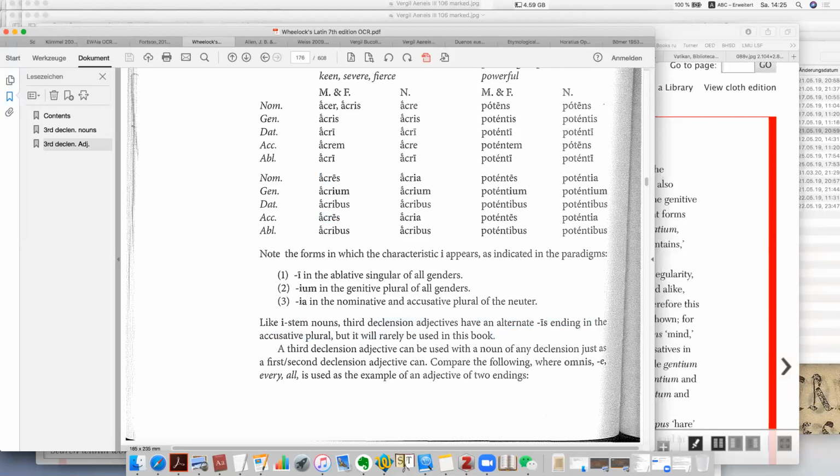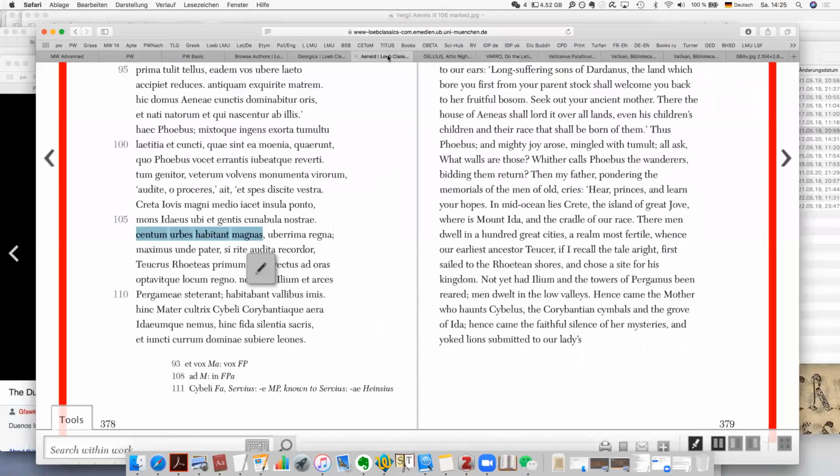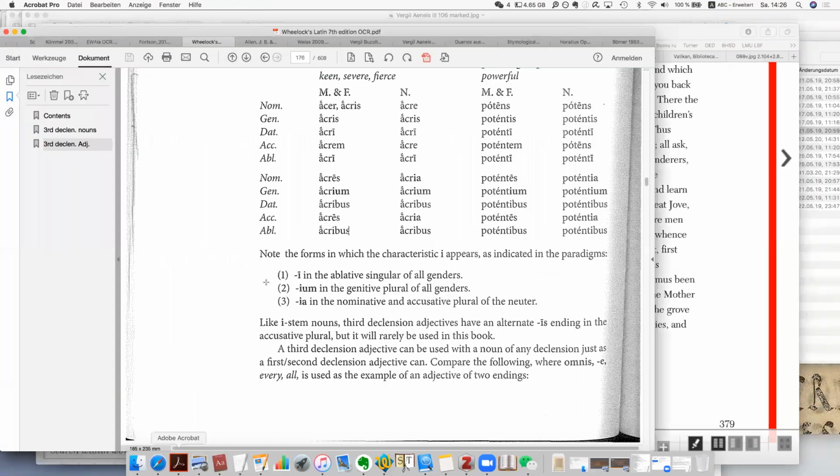This is also the reason why I recommend you to always check the critical edition, not the Loeb. The Loeb is pretty easy to use, convenient. But if you want to really study the text, you need to check the critical edition.